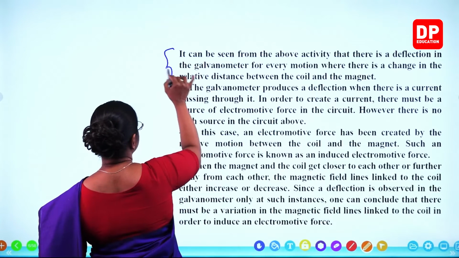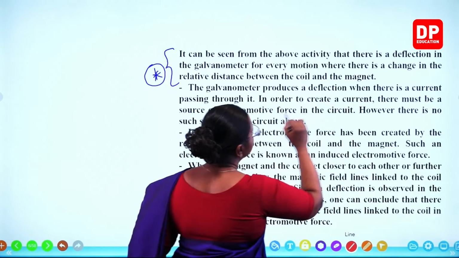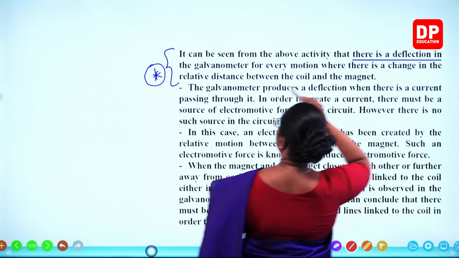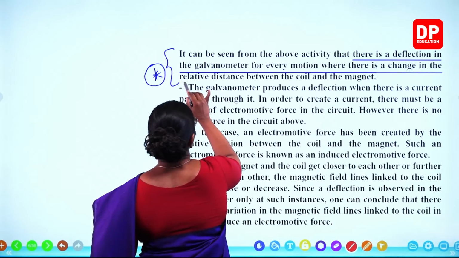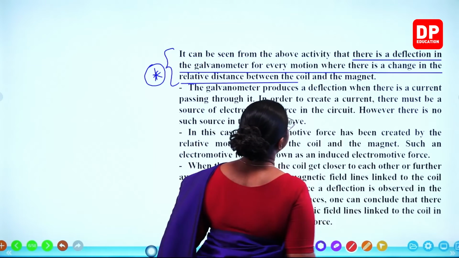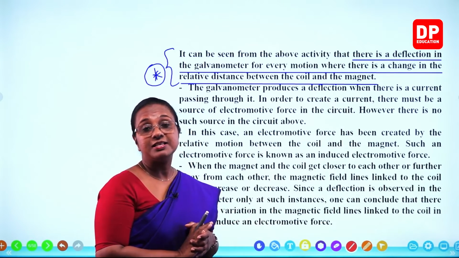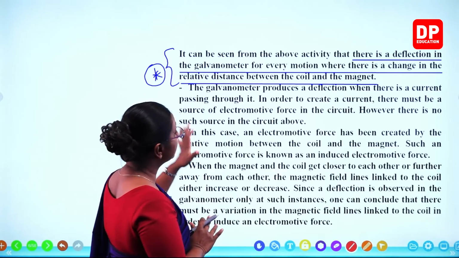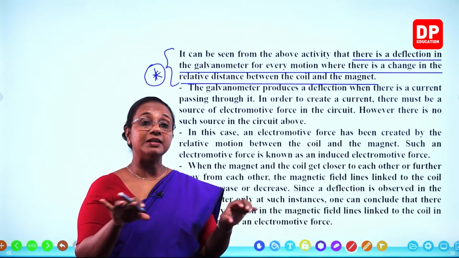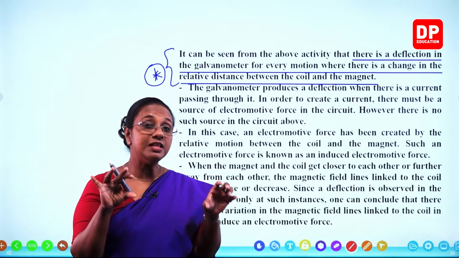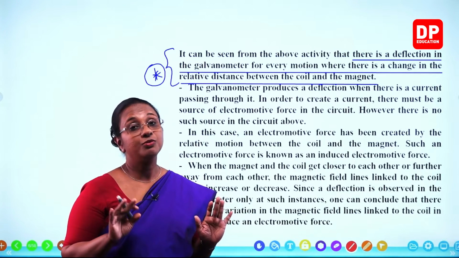So only when there is a change in distance, there was deflection. That is why when we move both the coil and the magnet simultaneously with the same distance between them, there was no deflection. You understood that.